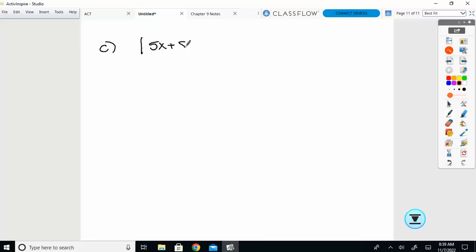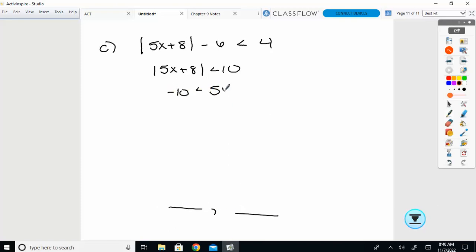The third scenario. And. Okay, always make sure you isolate your absolute value first. Then less than is an and. We should just get one interval between something and something. You can still write 2 if you prefer. A few of you do that.